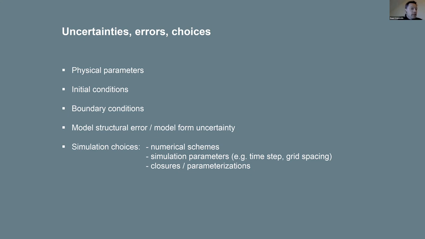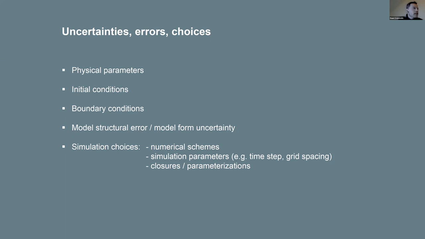So sources of uncertainties here: there are physical parameters that are not always very well known. There are initial conditions and boundary conditions for fluid flow that can be uncertain. On top of that, there may be uncertainty about the structure of the model, right? So the functional form of the model.